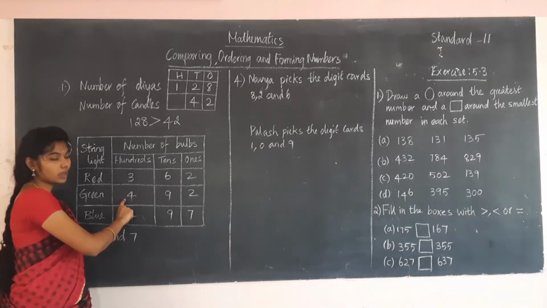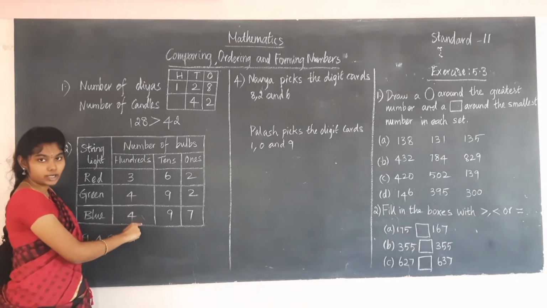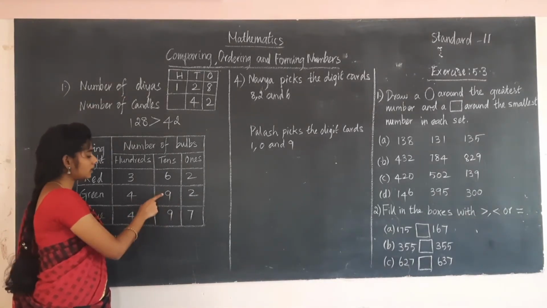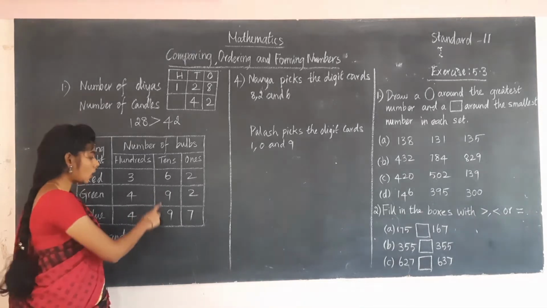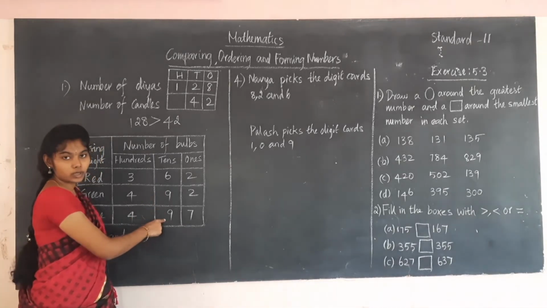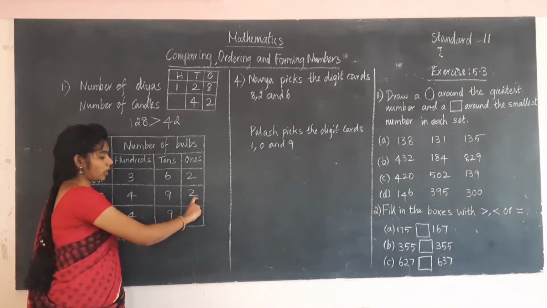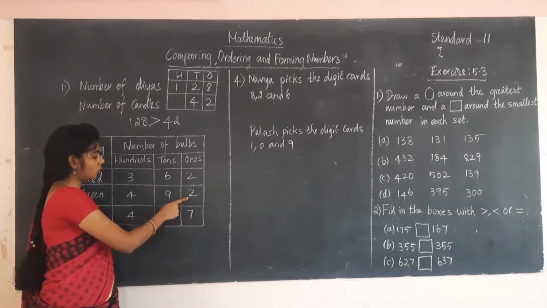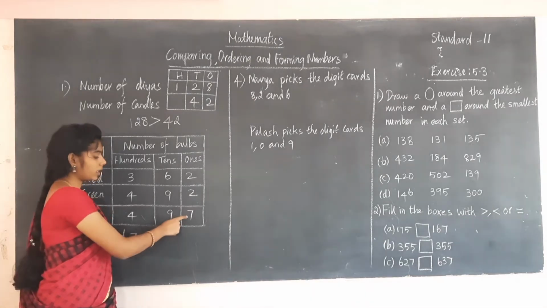Next we have to compare the tens place, because the hundreds are the same, so we cannot say which one is greater yet. Here there is 9 in the tens place and here also 9. Again the same number, so we cannot judge. Next to the tens place is the ones place. Here we check 2 or 7. Is 2 ones greater or 7 ones greater? 7 ones is greater.